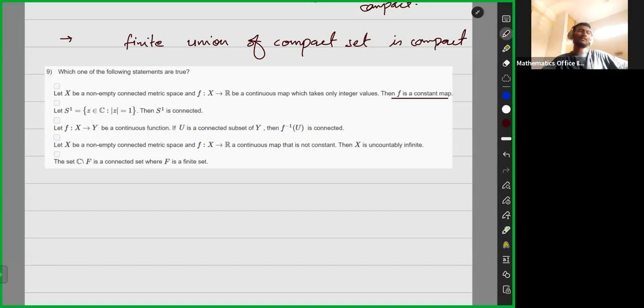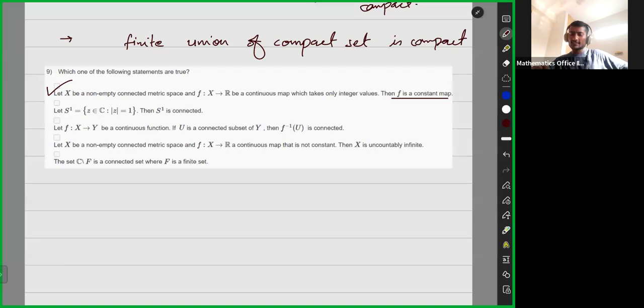So what are the smallest connected sets inside a discrete set? Singletons, because every single point is connected. So basically a connected set is a single point. So this is correct, right? You are thinking with me. This is very good.